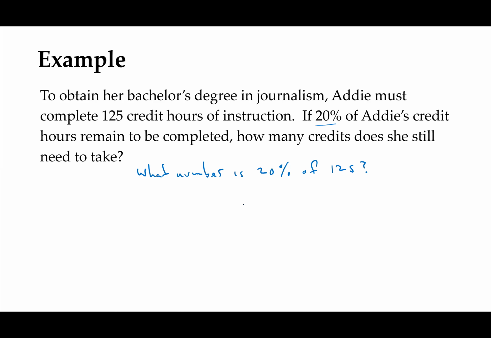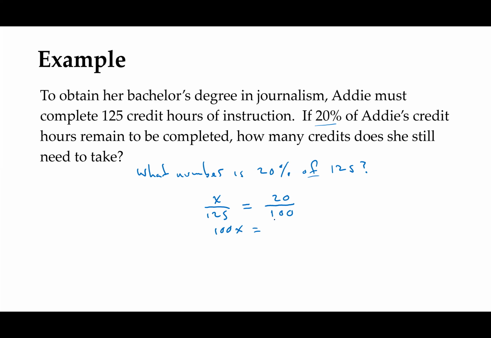And so I've got this 20 over 100. And then 125 is my whole, right? That represents the entirety, or 100% of the credit hours she must complete. So that goes in my denominator, right? 125 credits corresponds to 100%. It's also the of part. And so I'm looking for that numerator. So we go ahead and cross multiply.